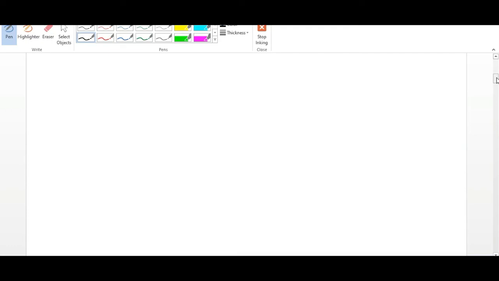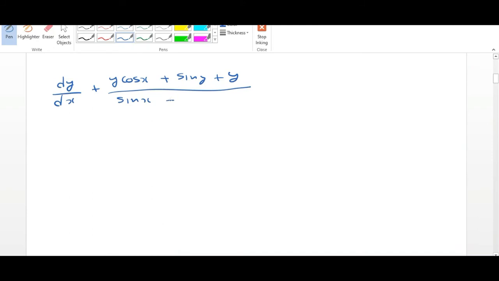I'm taking one or two. So let's take an example: dy/dx plus (y cos x plus sin y plus y) divided by (sin x plus x cos y plus x) equal to 0.